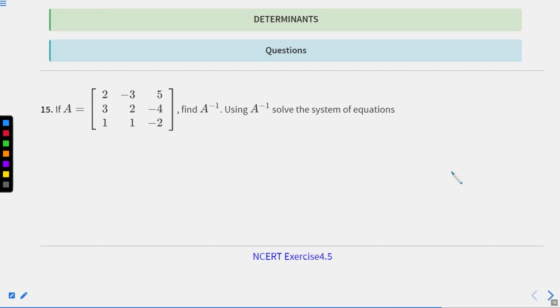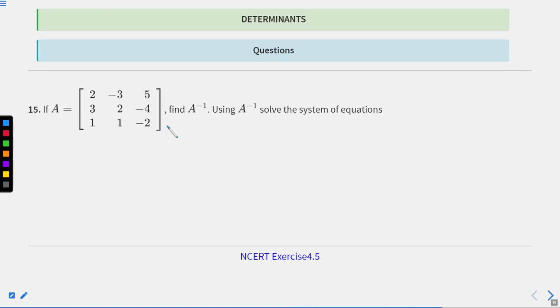Now this 15th problem. So we have to find the A inverse and then solve the system using this A inverse. Okay, so far so good. So the same approach we will do. I am just leaving this for you, but let me find the A inverse for you using elementary row operations, and then you have to just do this thing.